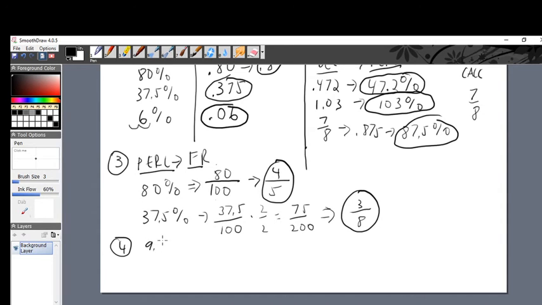I don't write the whole word problem down. 9.1% of nurses, whatever country, the United States, whatever it is, are, let's say, college educated.